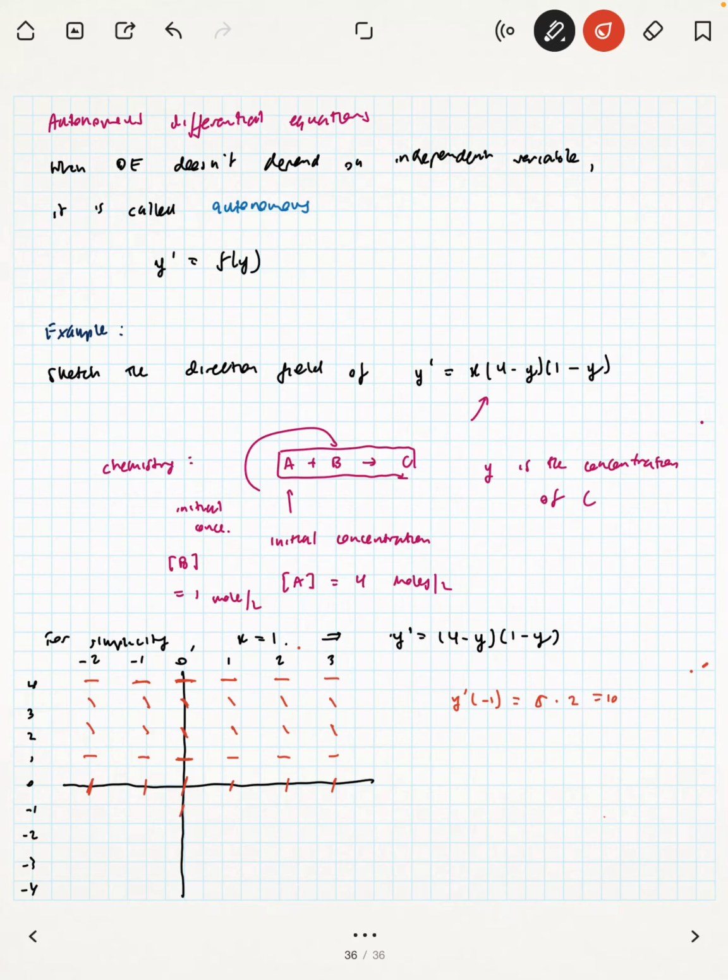Well, that's 10. So it's very steep at this point. Y prime of -2 is going to be 6 times 3, 18. At this point, we're just going to basically draw vertical lines. There's no sense in belaboring the point.